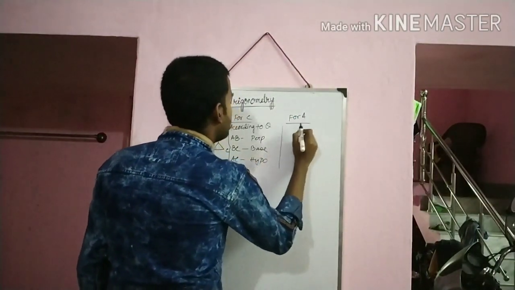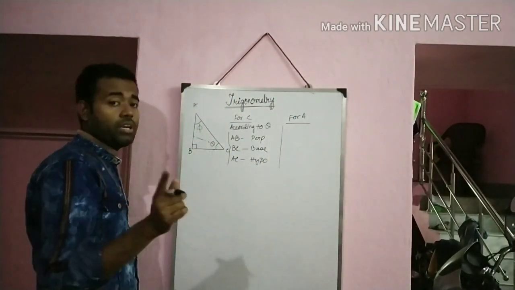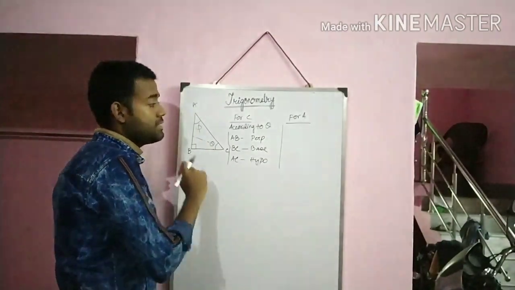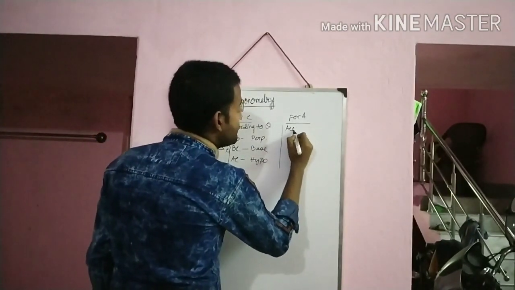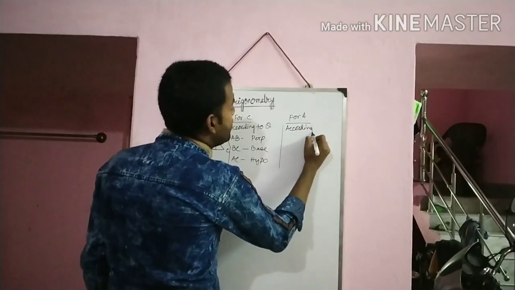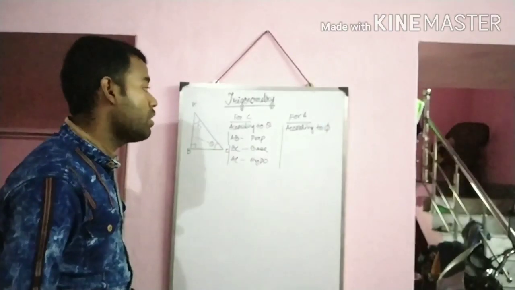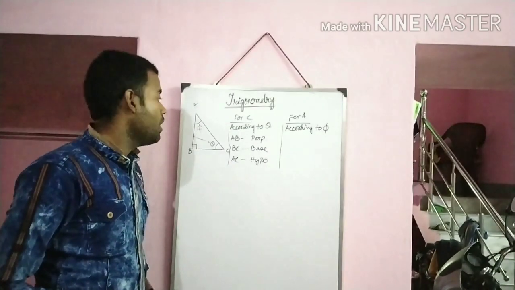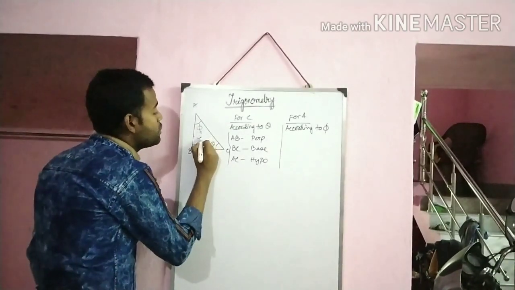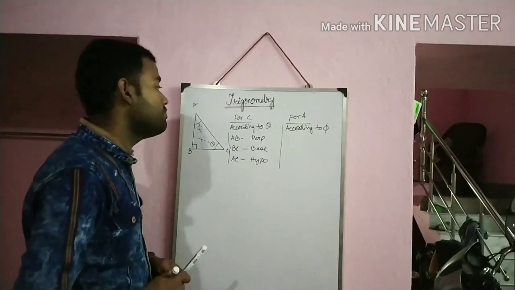For A, all of you note here, at A we have another unknown value, that is phi. So according to phi, again we will decide which is the perpendicular, which is the base, which is the hypotenuse. The side situated opposite to phi is BC.